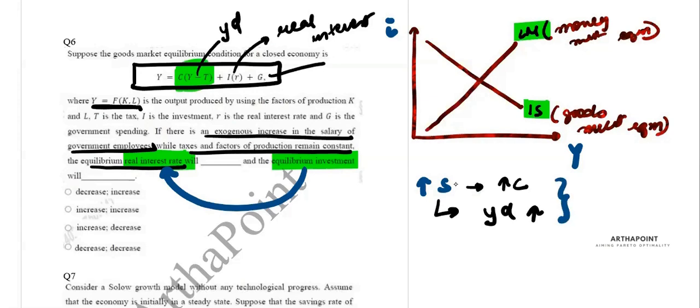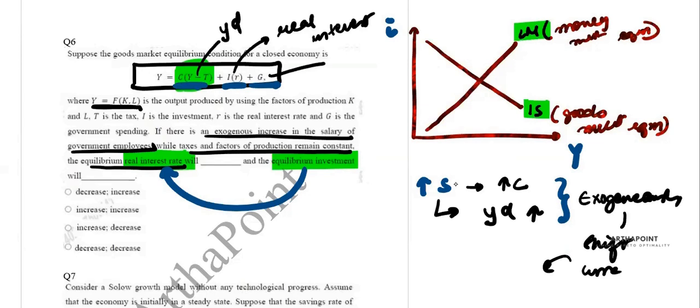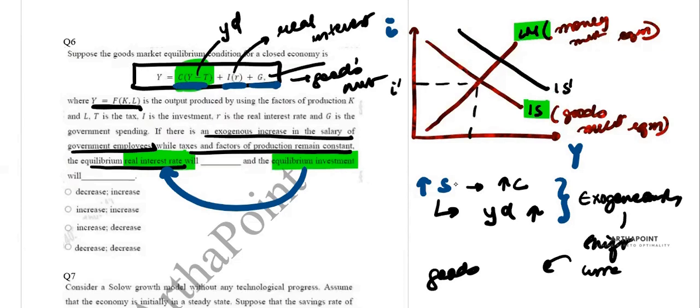I told you, any factor, whether it is C, I or G, whenever it exogenously increases outside the model, it will always shift the curve. Which curve? The goods market curve, because this is goods market equilibrium. So it will shift the IS curve to the right. And the new equilibrium will be with a higher interest rate and a higher level of income.